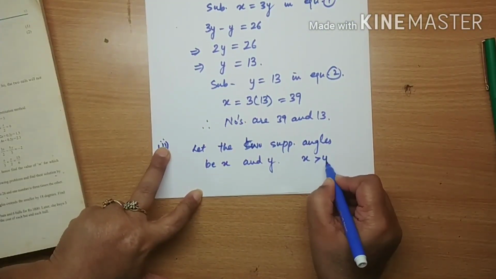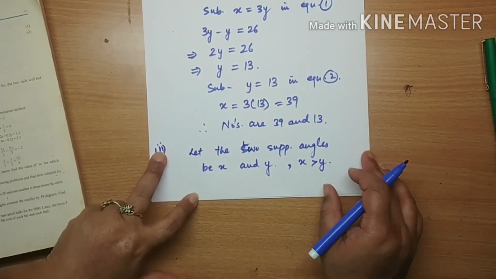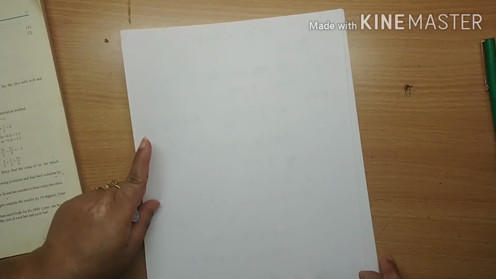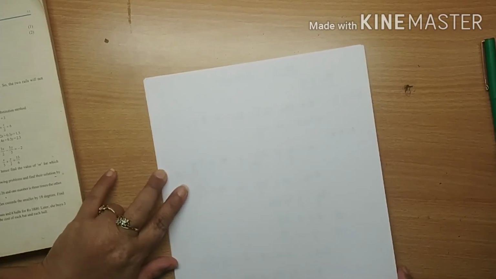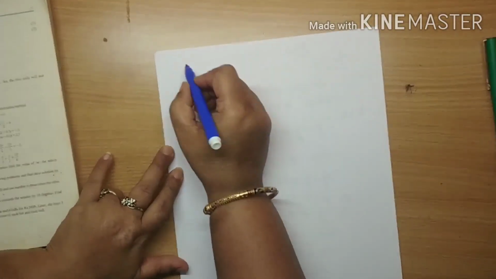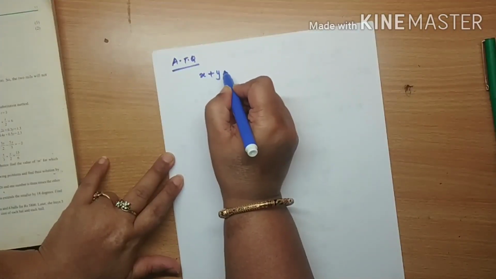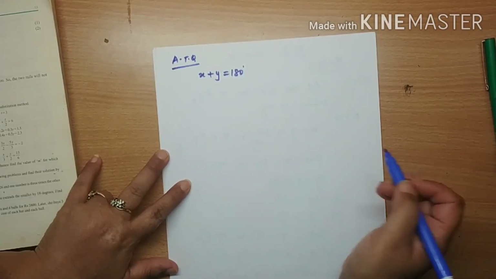Again he is talking about one larger, one smaller. So you put the condition that x is greater than y. Now children, what are supplementary angles? I think you all know supplementary angles. The pair of angles whose sum is 180 is called supplementary angles. So according to the question, the first equation is x plus y is 180, because these are supplementary angles, so their sum will be 180.